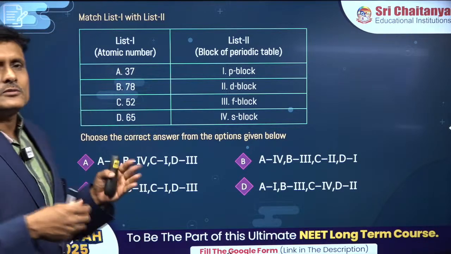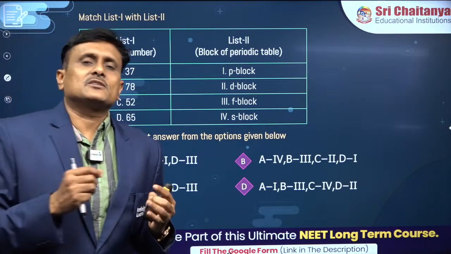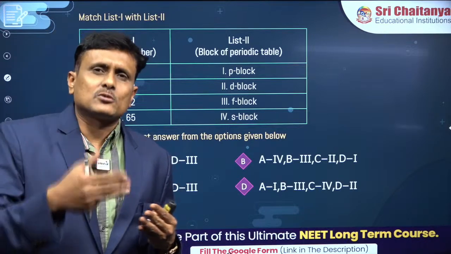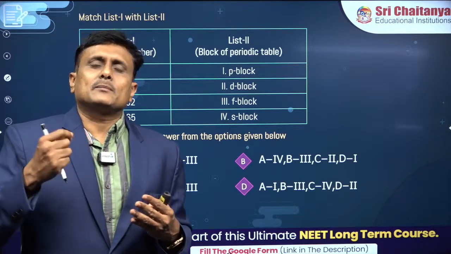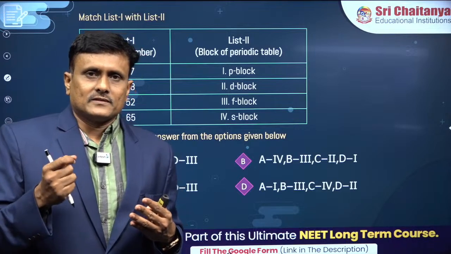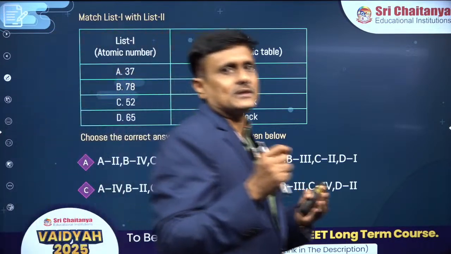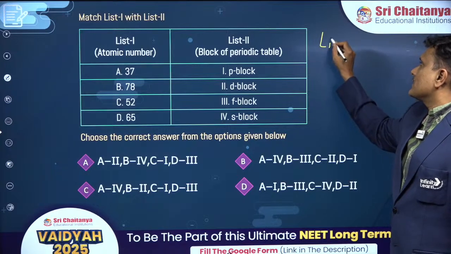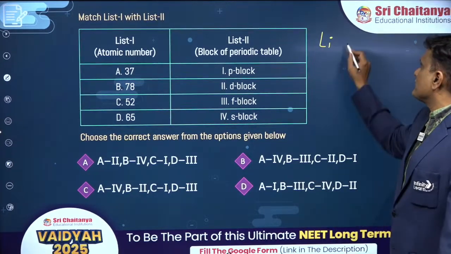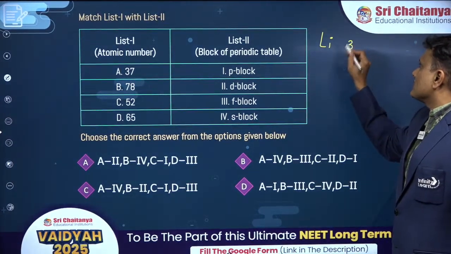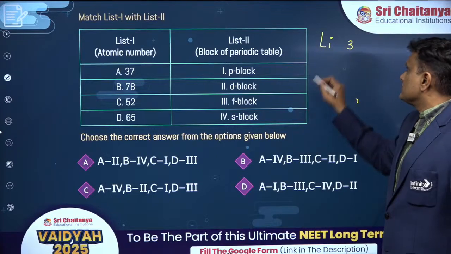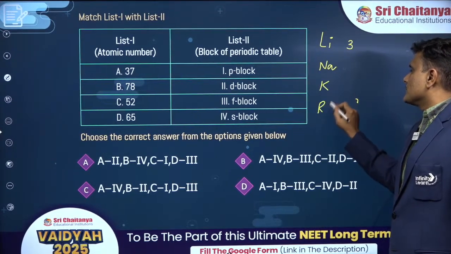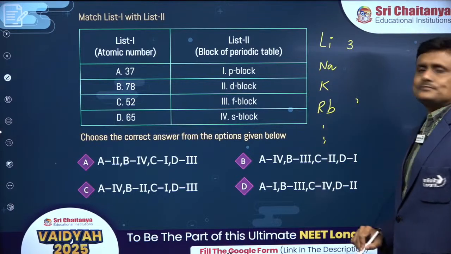So generally when the questions are related to the atomic number and memory related aspects, you start with 1A group elements. Probably you will get some help there, isn't it? Now, what I mean to say is that you have the atomic number starting from 3 for lithium. After that you have sodium, potassium, rubidium, and so on.